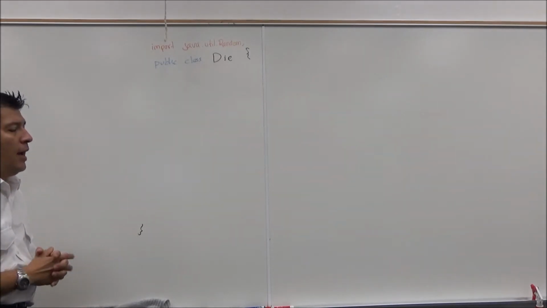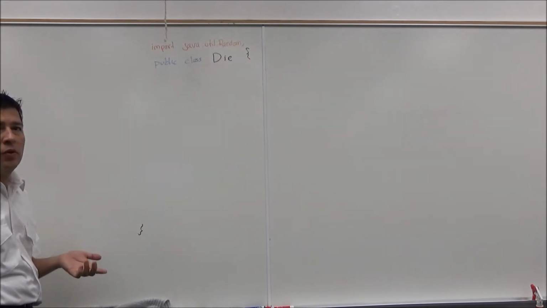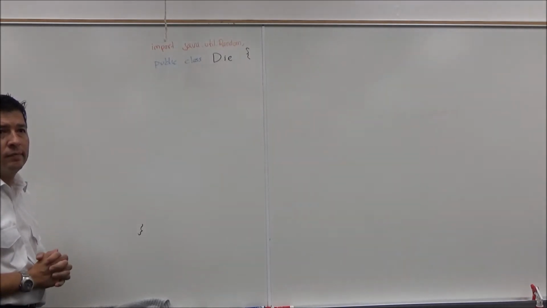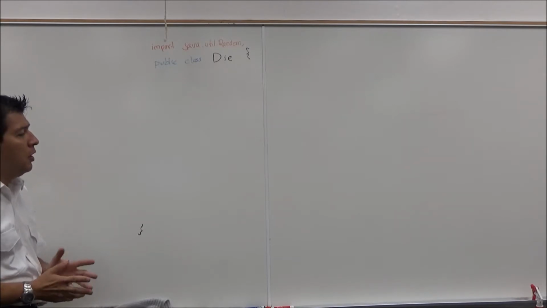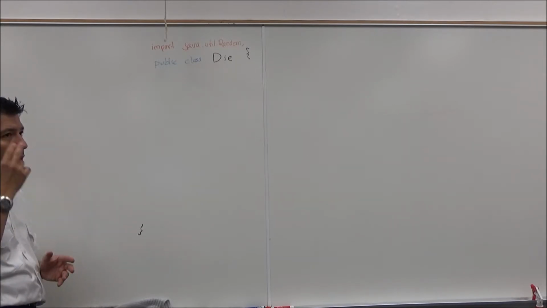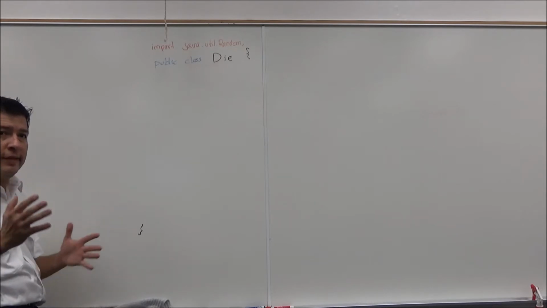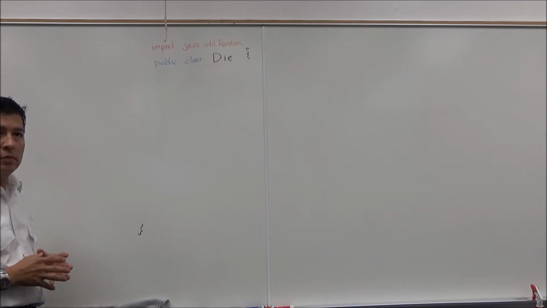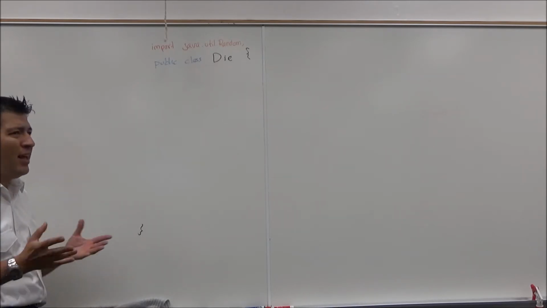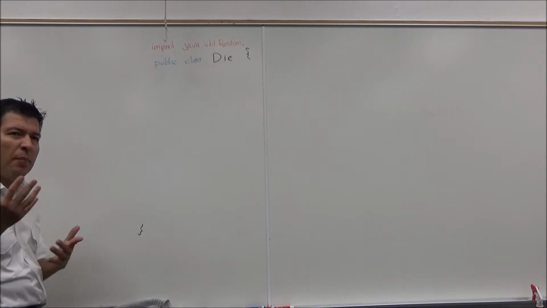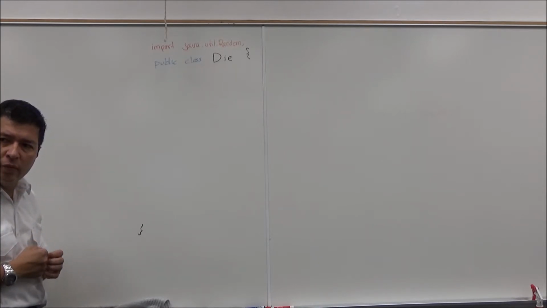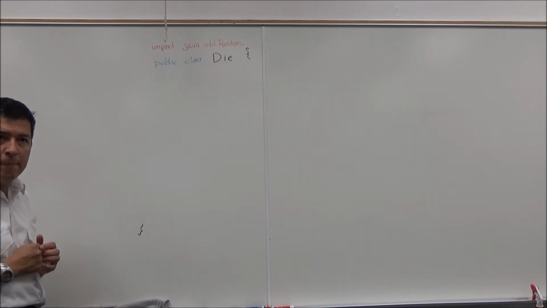And this class die, how many sides does a die have? 6. Only has 6, right? So it should have values between 1 and 6. So that's a whole number. So what type of variable will you use to represent the value of the die?